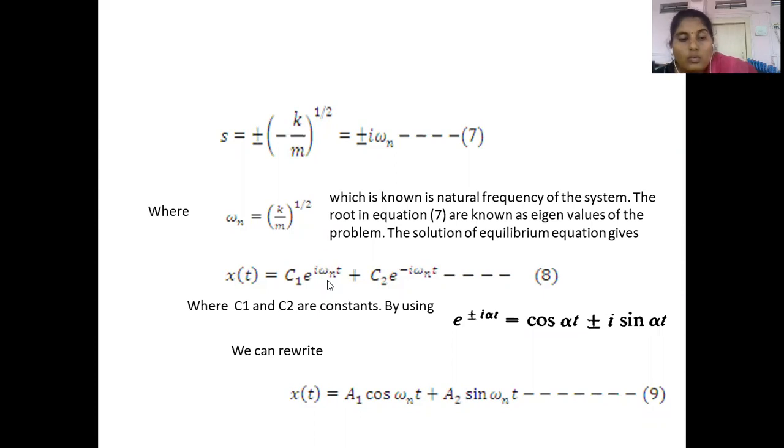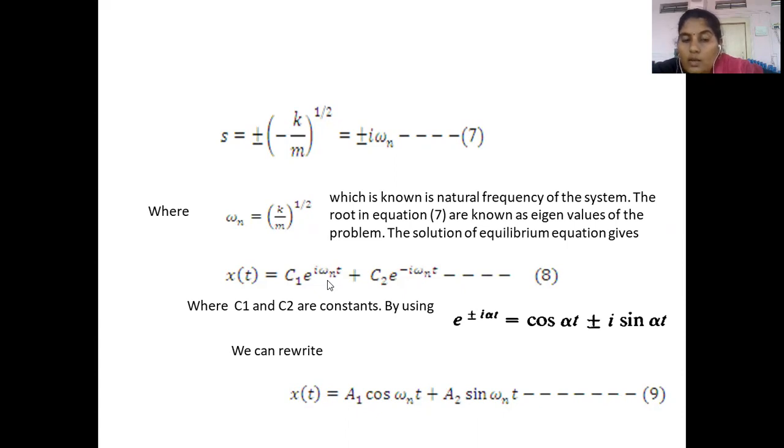We will use both these formulas in equation number 8 and solve the derivation, getting the values of c1 and c2 and the values of s. s we already have, that is plus or minus i omega n.